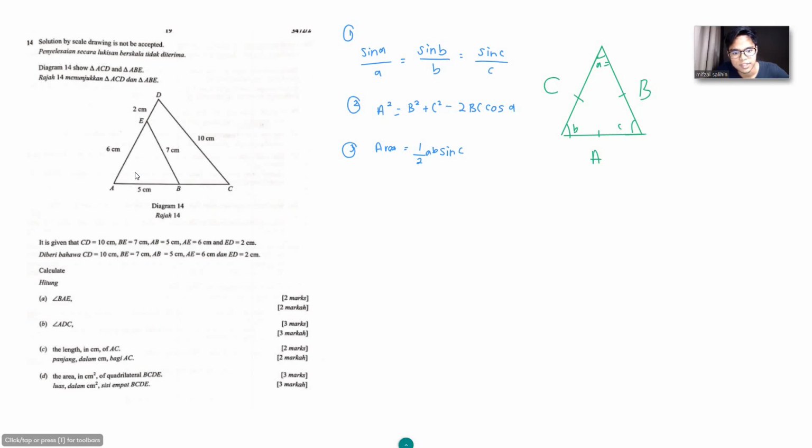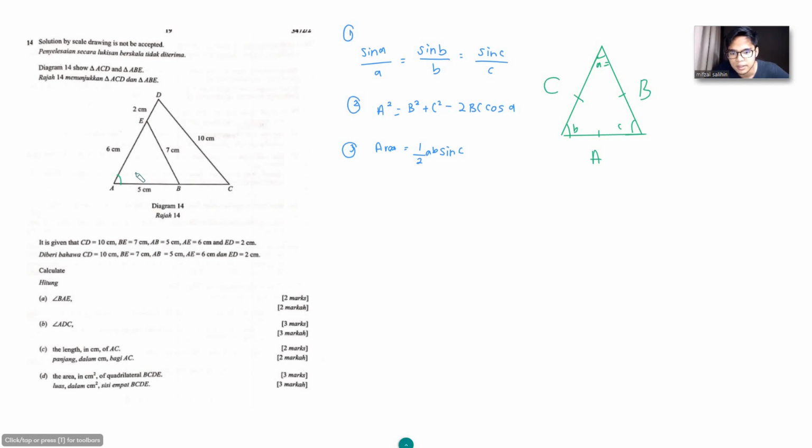Here the length is A, hence the opposite of the length is the angle. So the opposite of 7 cm is this angle over here. So we can use formula number 2 to find the angle of BAE.